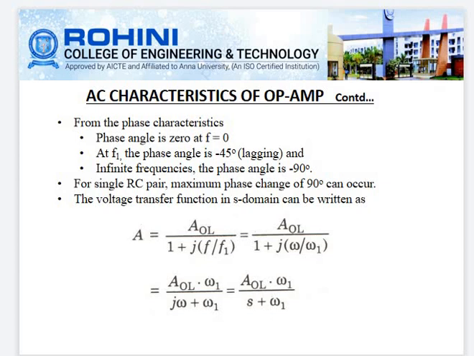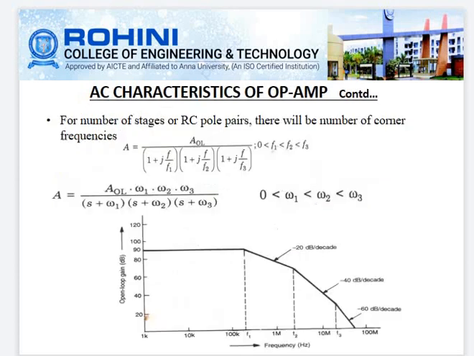Here we replace j omega by s, so it is open loop gain into omega 1 divided by s plus omega 1. If a number of RC pole pairs are included in the output of the operational amplifier, there will be a number of corner frequencies. So the overall gain A is given by open loop gain divided by 1 plus j F by F1, and so on for each corner frequency.